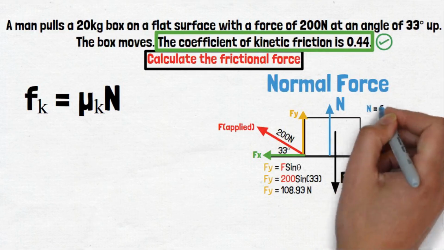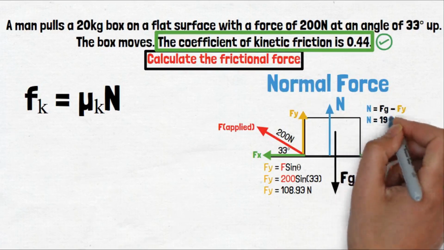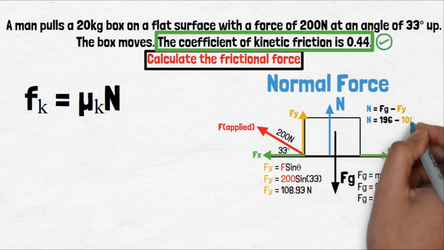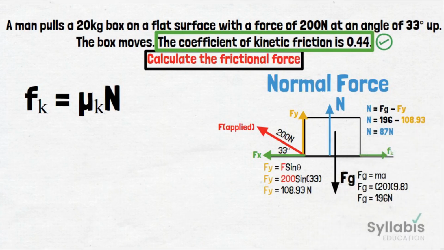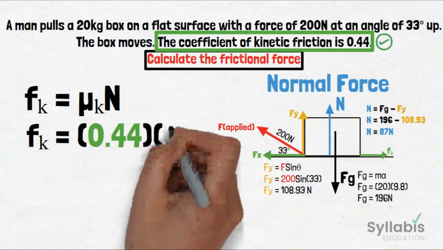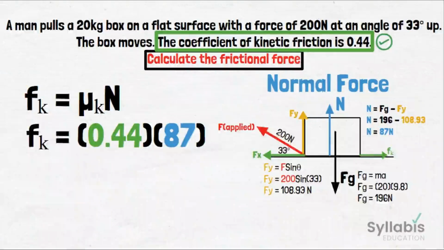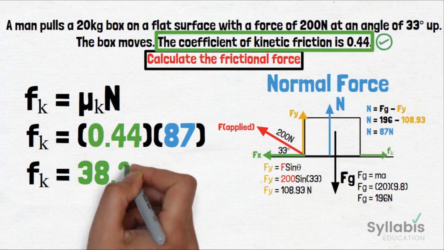And remember that when the applied force is acting upwards, then the normal force is equal to the gravitational force minus the vertical component. So the normal force is 87 newtons. Now we can calculate the kinetic friction. And we find that the kinetic friction is 38.28 newtons.